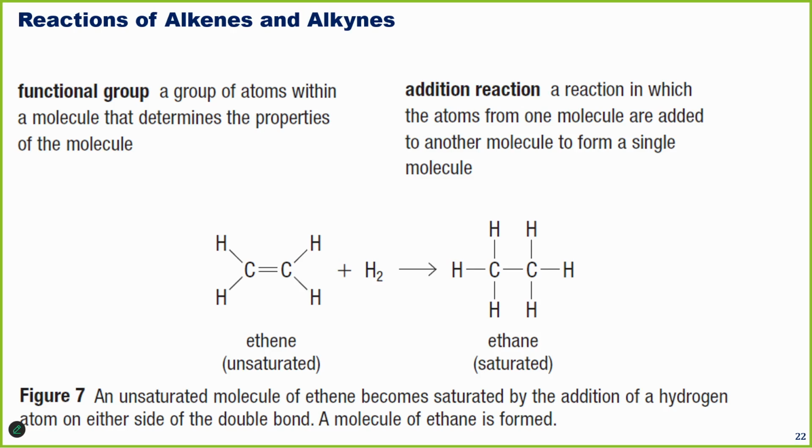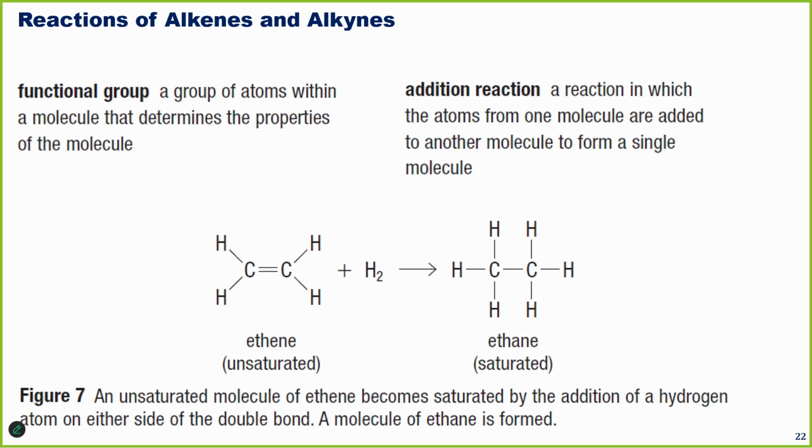Multiple bonds are considered to be functional groups because they affect the properties of the molecules that contain them. For example, alkenes and alkynes are more reactive than alkanes. The double-bonded and triple-bonded carbon atoms are more likely to take part in reactions because the multiple bonds are less stable than single bonds between carbon atoms.